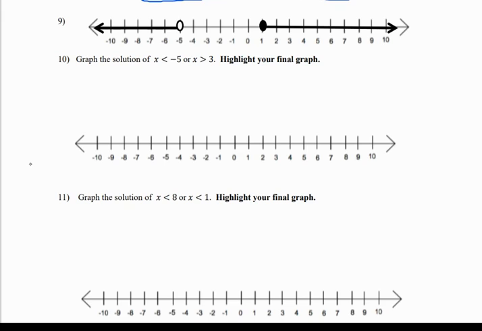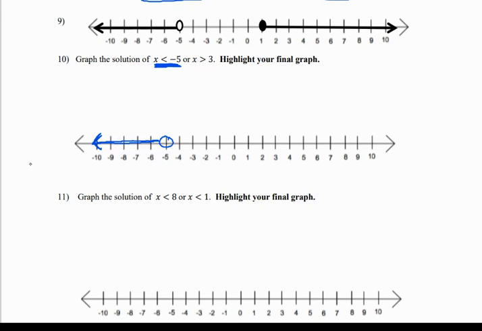If we look at number 10, I'm just going to first plot the part I'm underlining, which says x is less than -5. That means I go to -5 and I put an open circle there. And less than means to go to the left. So there is the first piece. Again, if you like to make the line go a little above the area of the number line, feel free to do that.